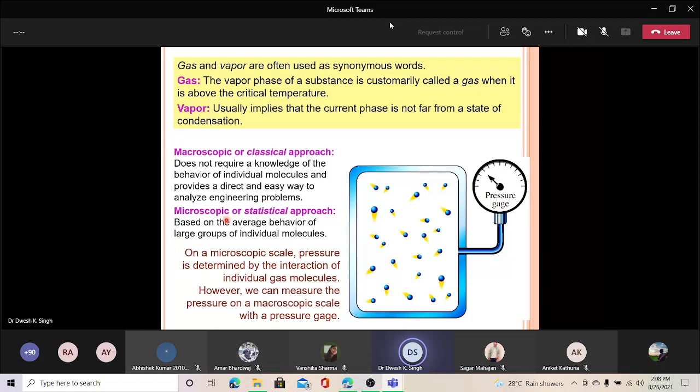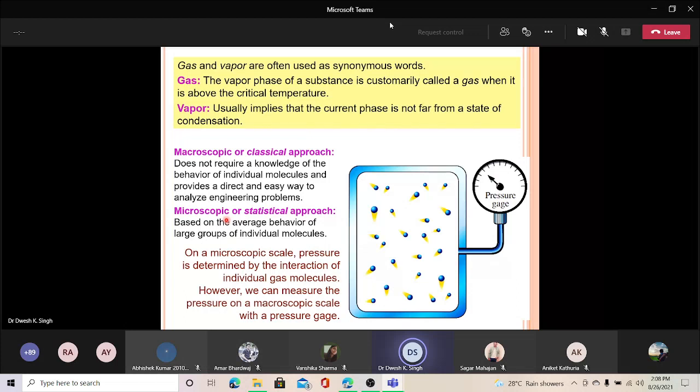There is a microscopic study also, but it is at a very advanced level. To study that we need statistics, because a normal theory is not applicable for such a number of molecules.